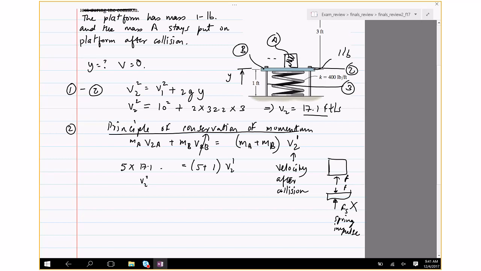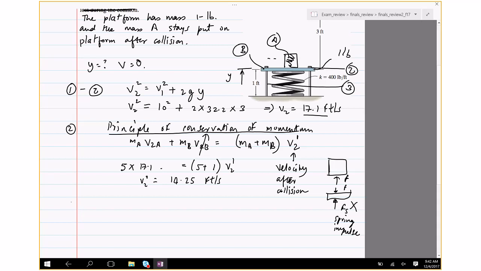Velocity 2 prime is equal to 14.25. So what you notice is that because of the collision, the velocity of the combined assembly has decreased from 17 of the mass to 14.25 of the combined mass. So that's what collision does. It dissipates energy so that the velocity is reduced.